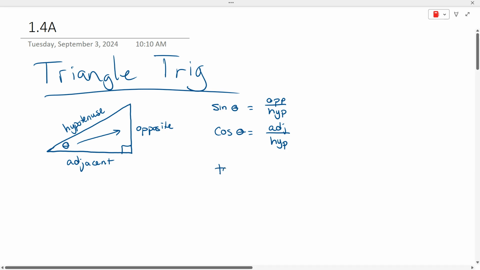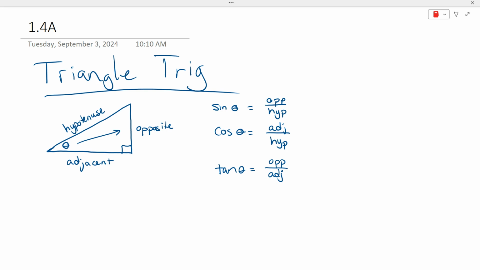The tangent of our angle is equal to the opposite side over the adjacent side. Those are the 3 functions we learned in geometry.